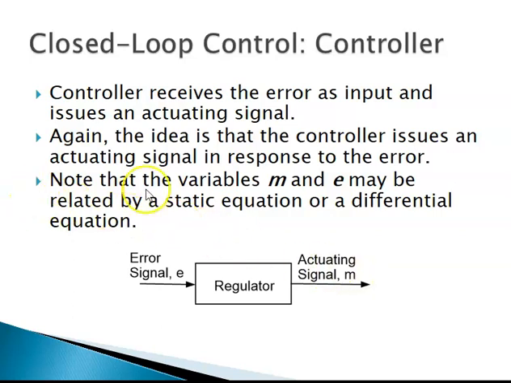The controller issues an actuating signal in response to the error. If the error is very small, the actuating signal is very small. If the error is very large, the actuating signal tends to get very large. Note that these variables m and e may be related by a static equation or a differential equation.